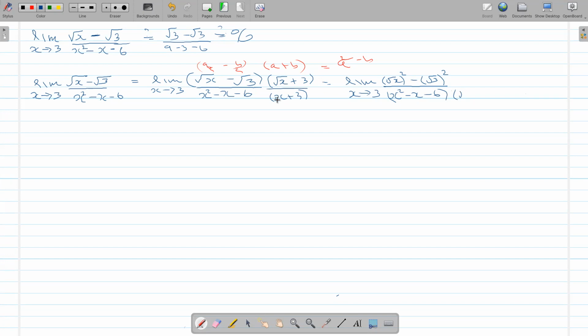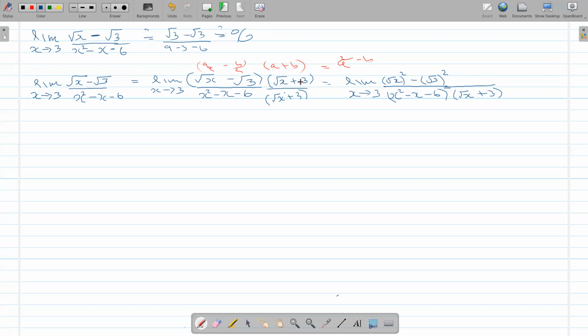This is square root x plus 3. You have to multiply the top and bottom by the same term, square root x plus 3. Sorry, this is actually square root x plus 3 because I am multiplying by 1. Because this is x minus 3, I multiply by square root x plus 3.